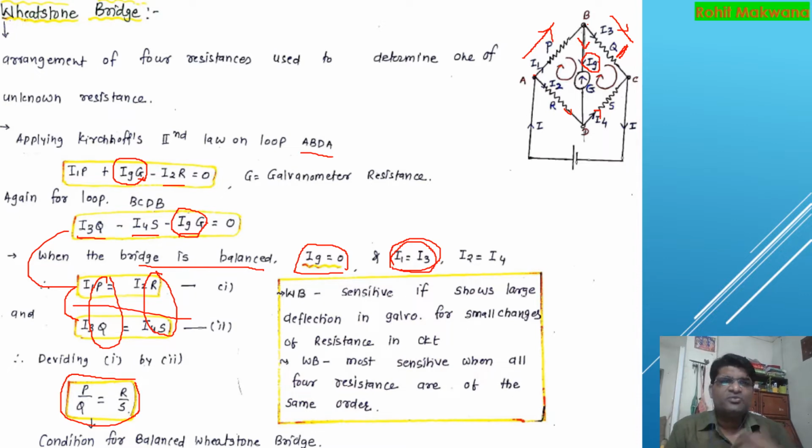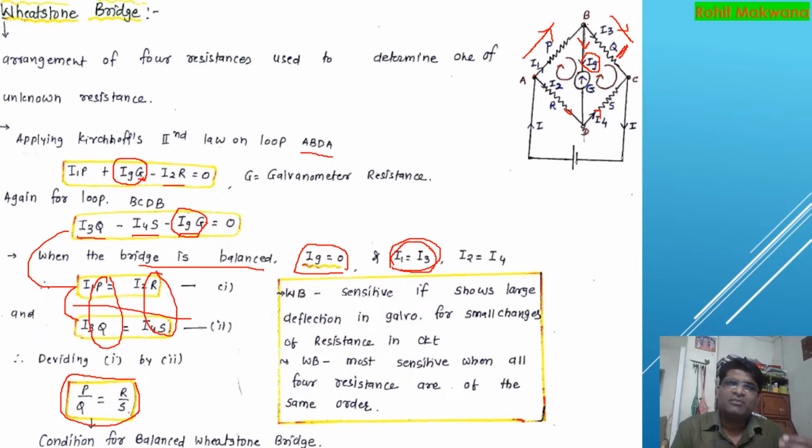Okay, this Wheatstone Bridge was discovered by a British physicist, Wheatstone, in around 1843. So the Wheatstone Bridge is sensitive. It is very sensitive if it shows very large deflection even for small changes of resistances inside the circuit.